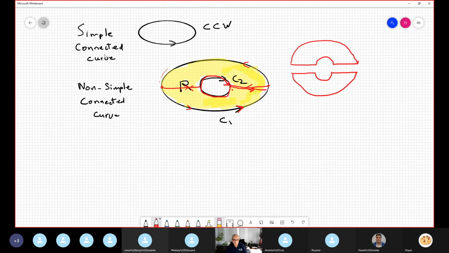Okay, now the idea is this direction, this direction, this direction, this direction. And why not? This problem is in this direction, this direction, this direction, and this direction.